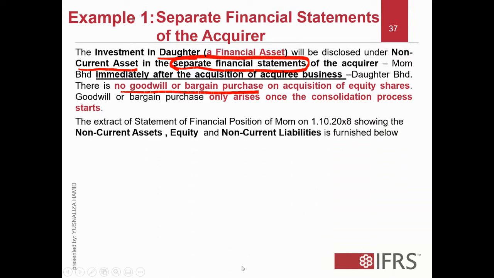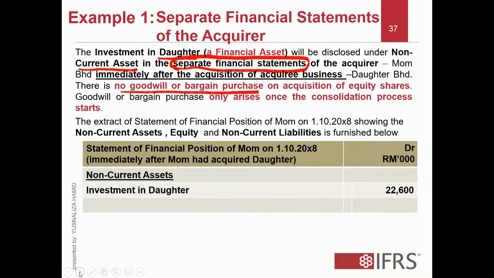Okay, this is the extract of the statement of financial position of Mom, showing the non-current asset, equity, and non-current liabilities immediately after the acquisition of Daughter. In the non-current asset section, you will see the investment, which is a non-current asset, located here.